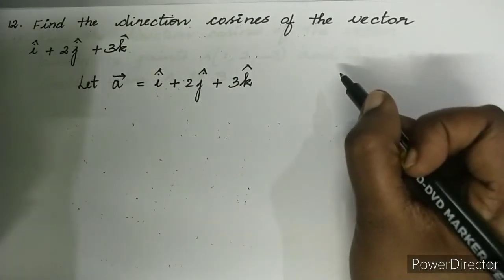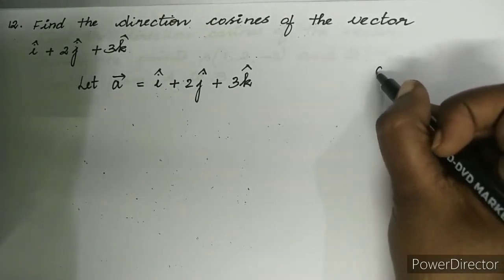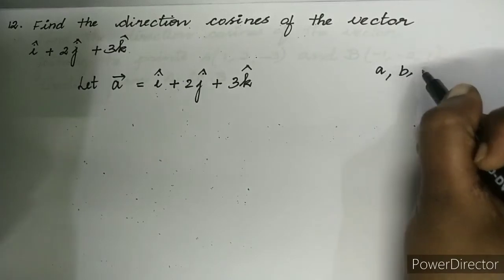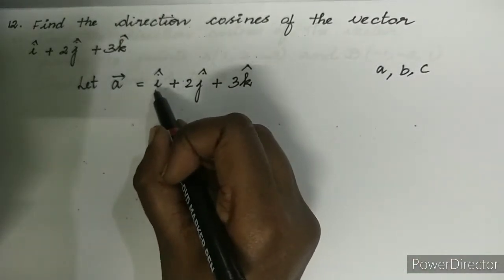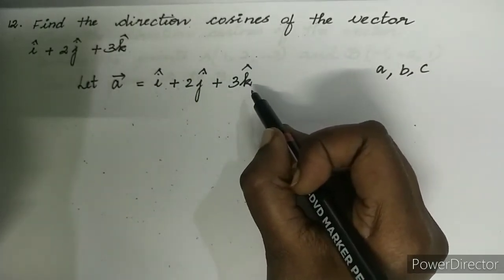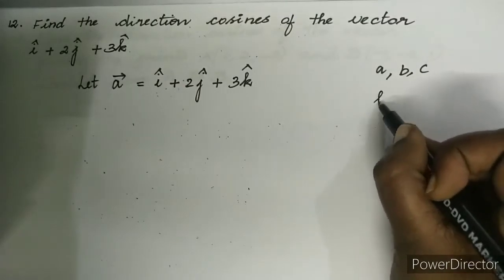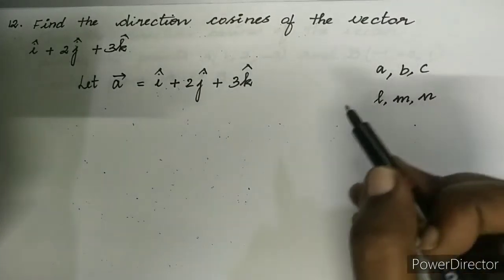We already know that we represent direction ratios as a, b and c. These are nothing but the scalar components of i cap, j cap and k cap.